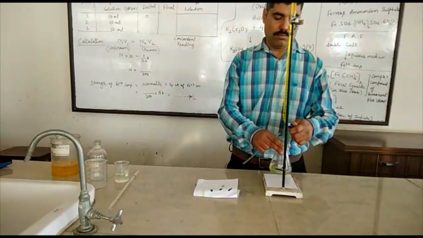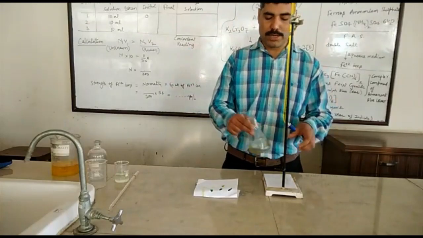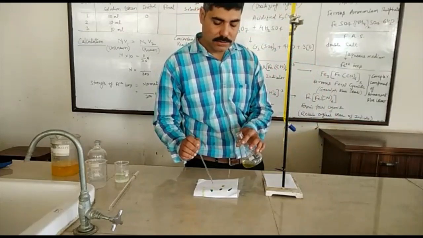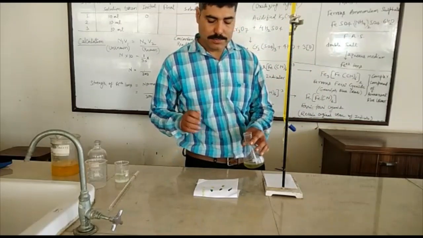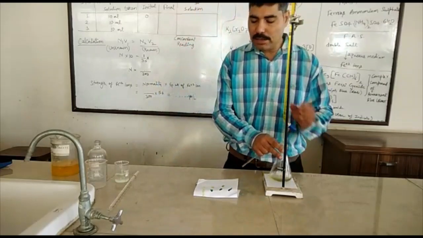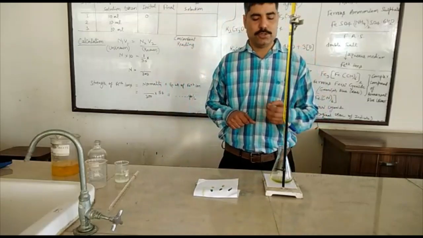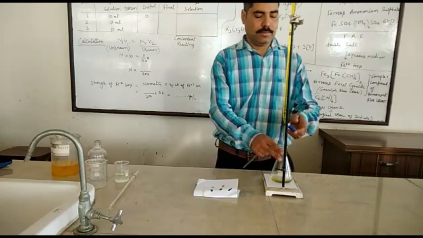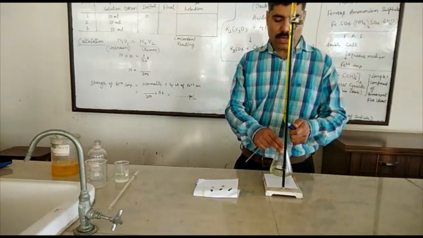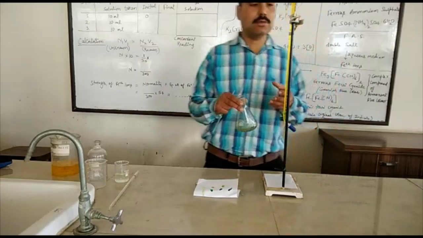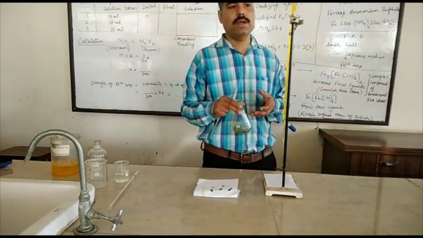Add 3-4 drops again, of 0.1 ml, into the conical flask. See, a little bit of greenish blue color is still there, meaning a little bit of Fe+2 ion is still there, and we have to convert all the Fe+2 ions into Fe+3, which takes place with the help of acidified potassium dichromate.